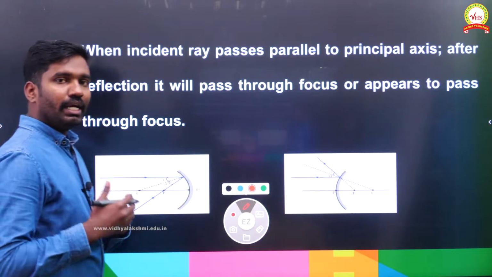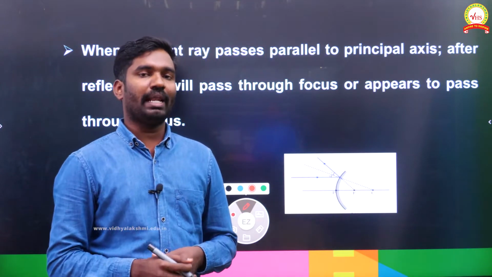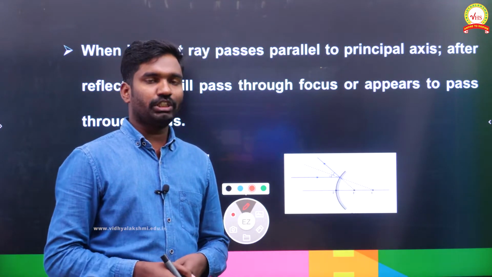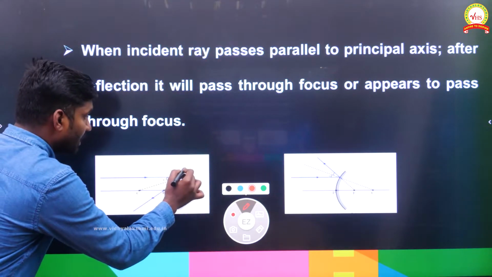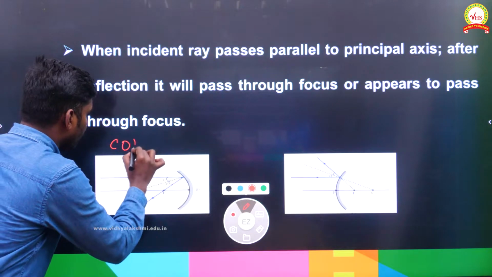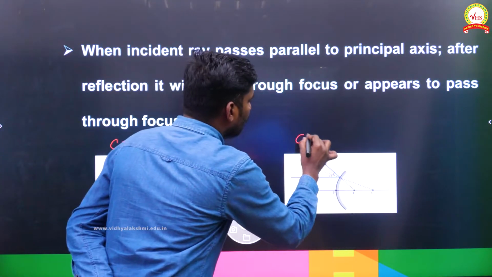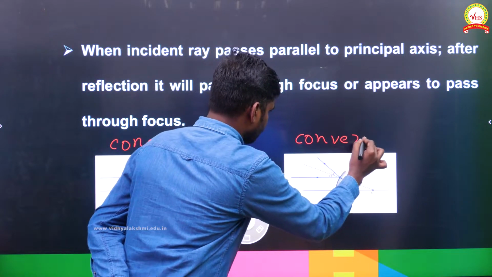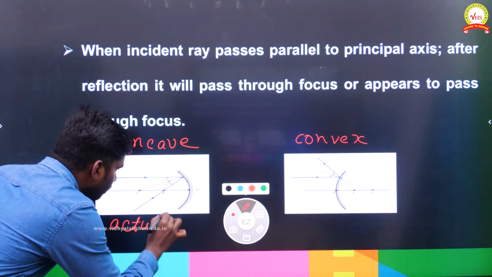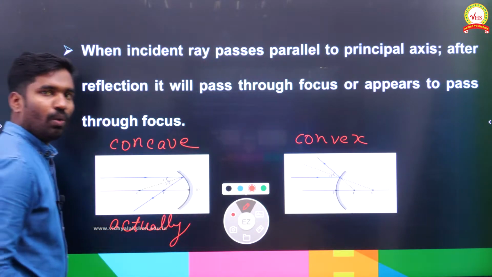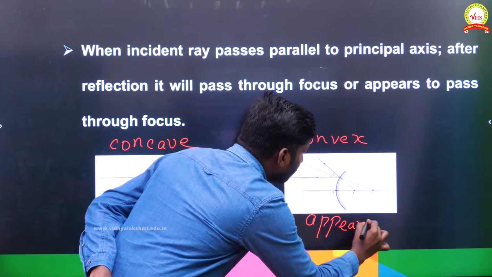Whenever the incident ray is passing parallel to the principal axis, after reflection what will happen? It will pass through the focus. If it is a concave, so this one will be a concave and this one will be a convex. In this case it will actually pass, whereas in this case it appears to pass.